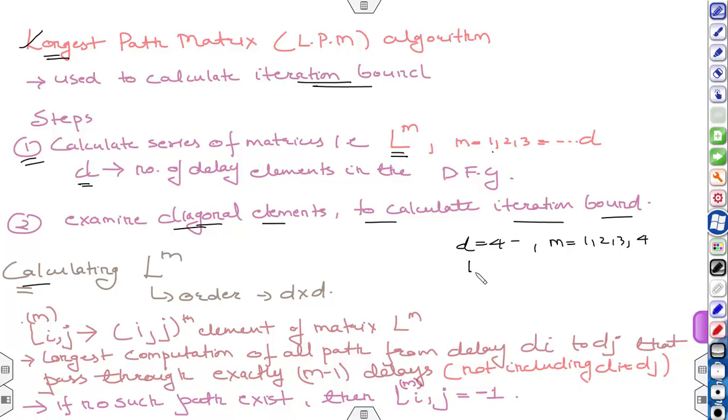So you have to create matrices L1, L2, L3, L4, and the order of each matrix will be 4 cross 4. So it will have 4 columns and 4 rows.